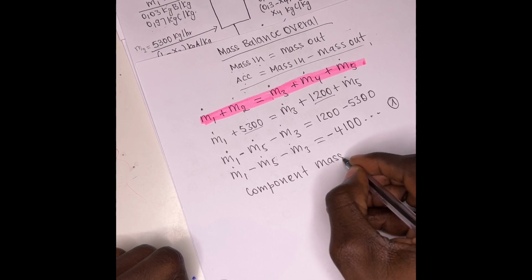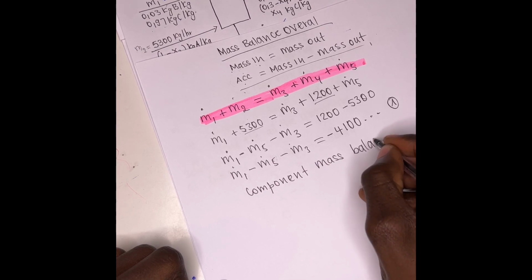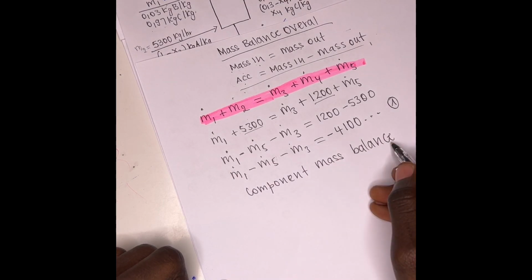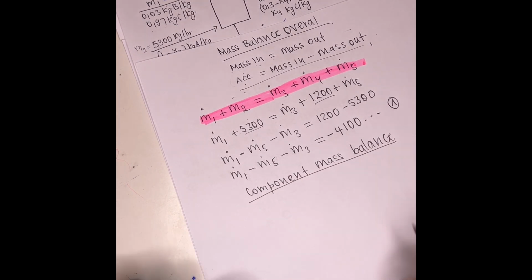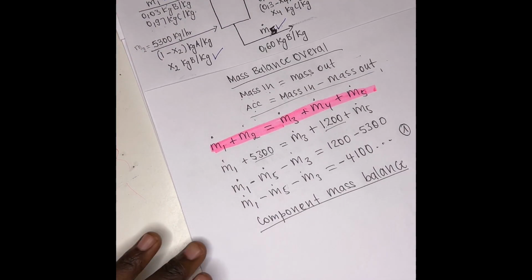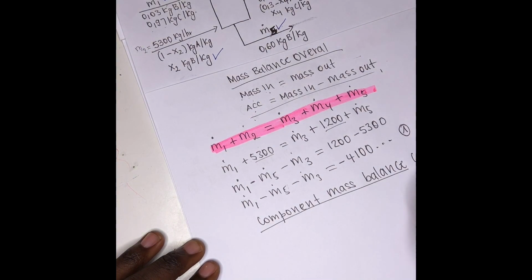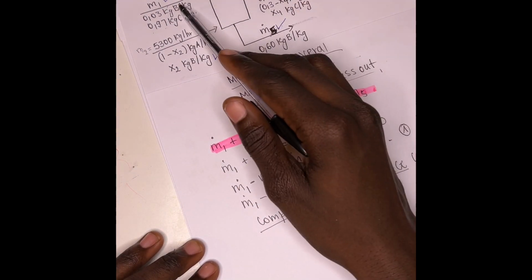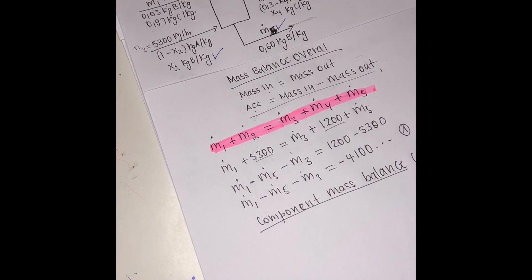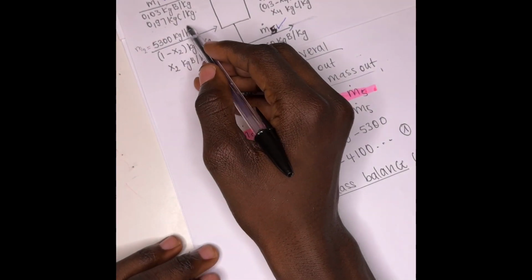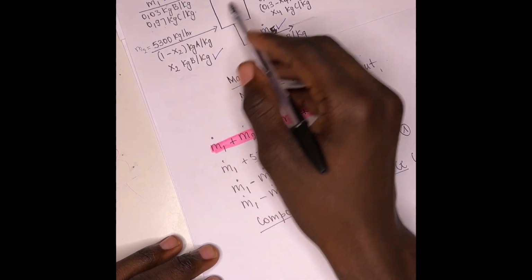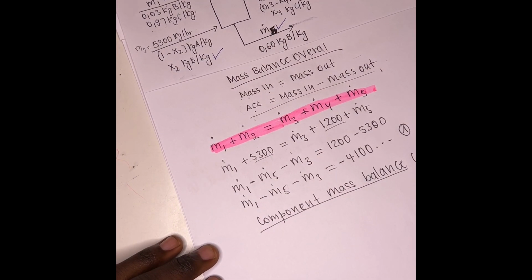This is a component balance. Component is what? We have A, B, and C. That is the component you are doing. If there was D, or let's say any stream can have just D, then you put D.